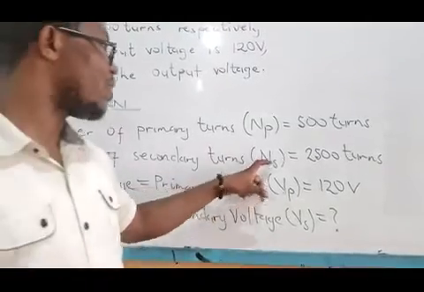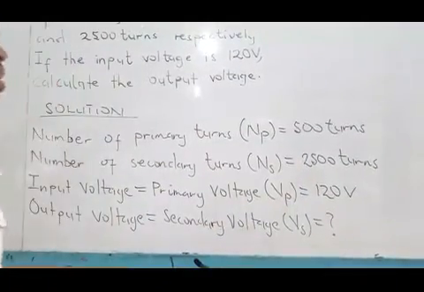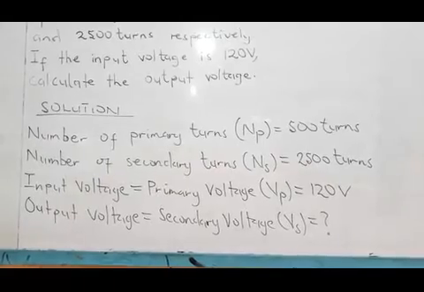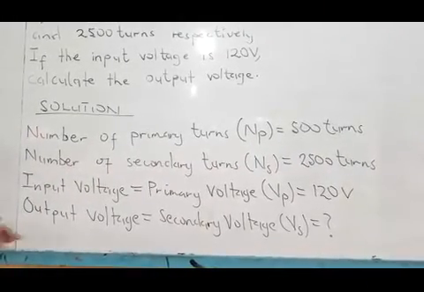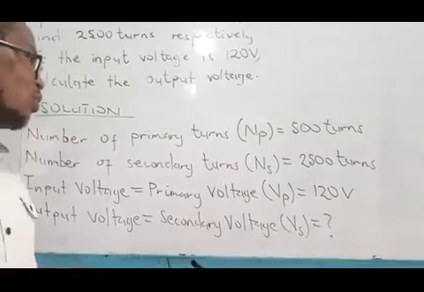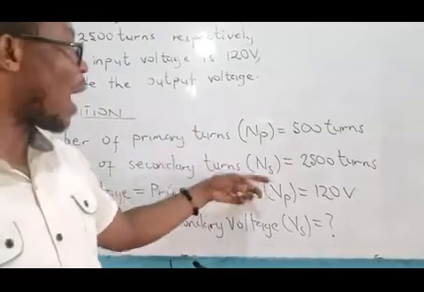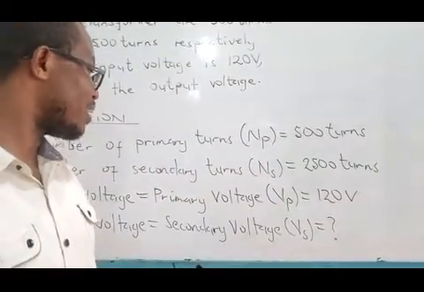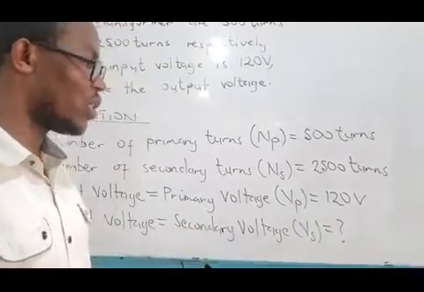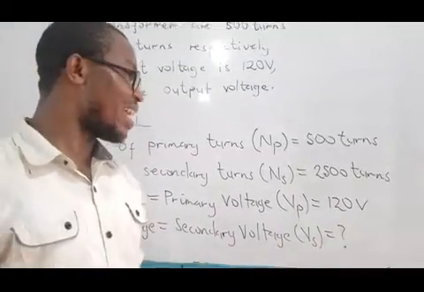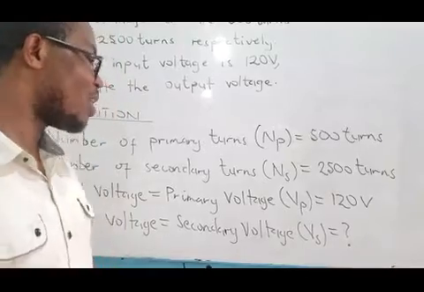Once the number of secondary turns is higher than the number of primary turns, it means that the transformer is a step-up transformer. You should also know the kind of value you should be getting for the secondary voltage. Once it is a step-up transformer, you expect that the secondary voltage should be higher than the primary voltage. So if you do your calculation and you're getting an answer lower than the primary voltage, something is wrong.